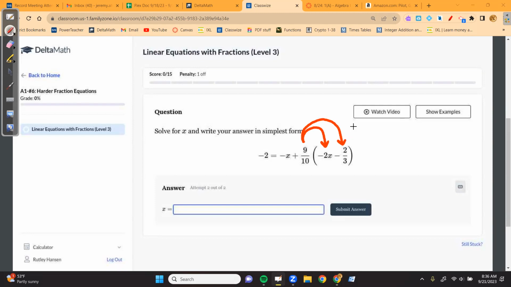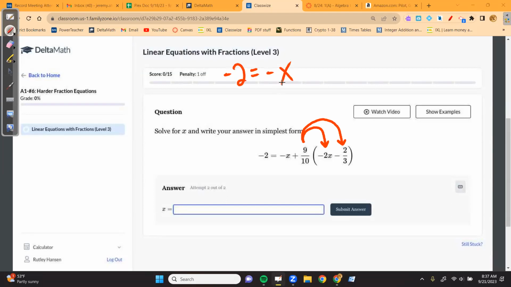I feel like I've said this a lot, but I'm going to keep saying it because you guys hear things at different times when you're ready. Your goal in step 1 is not always to kill fractions. Your goal is to get the fractions out in the open so that you can then go kill them. So what I'm going to do, if I'm Rutley, is I'm going to take that -2, I'm going to copy it down.